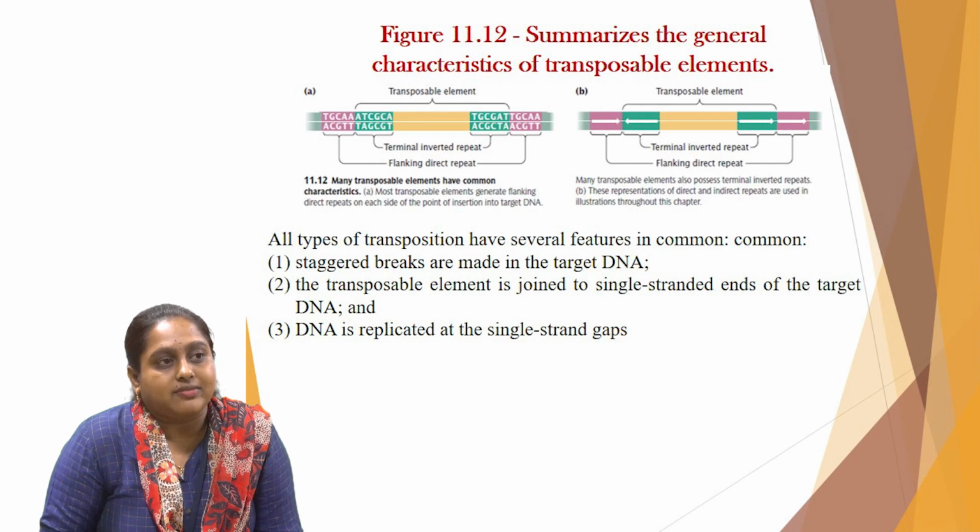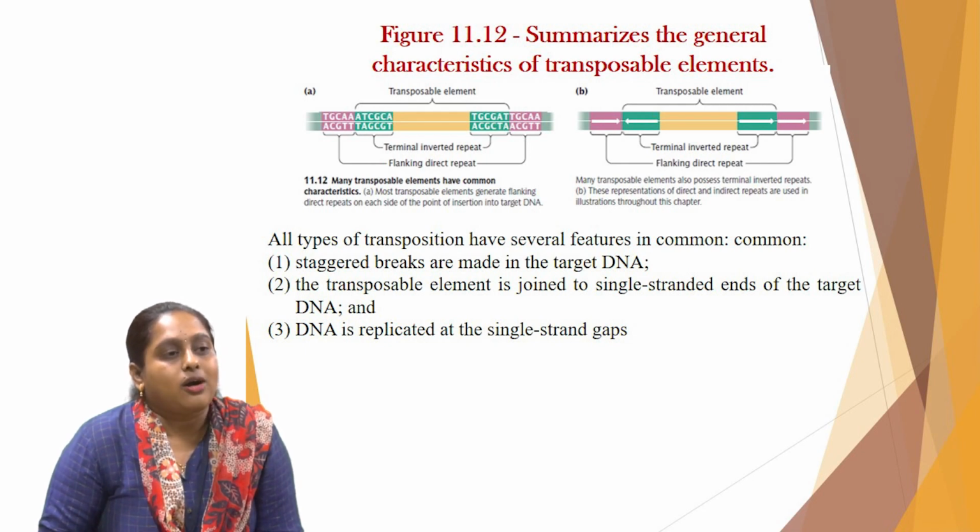Next to that sequence, we have flanking direct repeats. Many transposable elements have these common characteristics. This helps in the movement of these sequences from one location in the genome to another location. Hence they are called jumping genes.